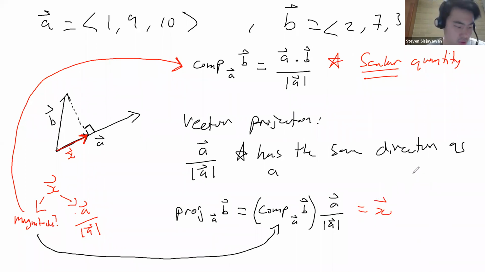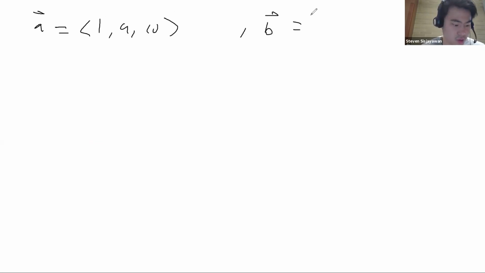And yeah, all right, so let's actually try and solve it using these two vectors. Let's find what the projections are, both scalar and vector, okay? So again, using these same vectors, so we have A, how much time do we have? We get 12 minutes, okay, got some time. A is 1, 9, 10, and B is equal to 2, 7, 3.